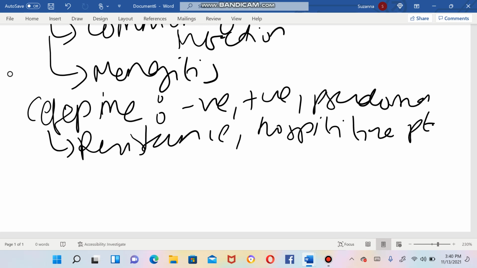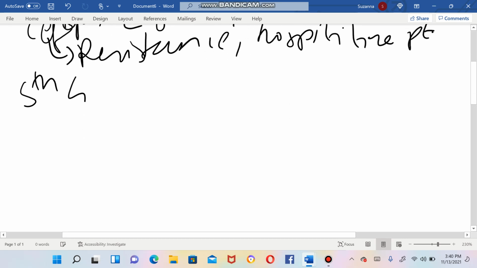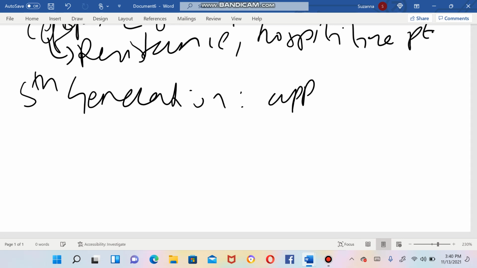So let's move on to the fifth generation cephalosporin. I think many of you don't know about it. It was approved in 2010. It is a newly approved drug, so many of us will not know about it.